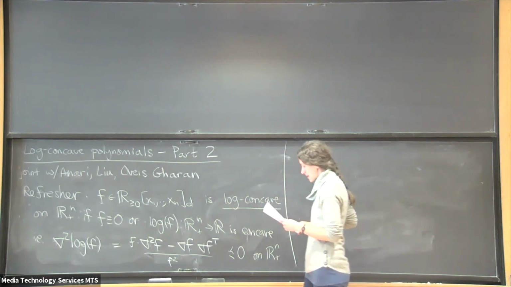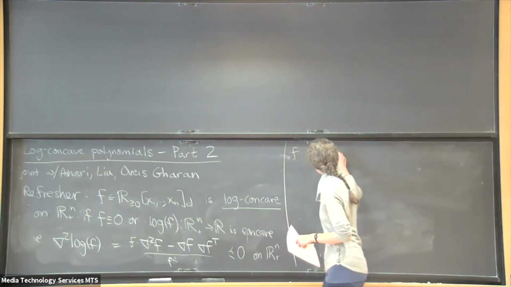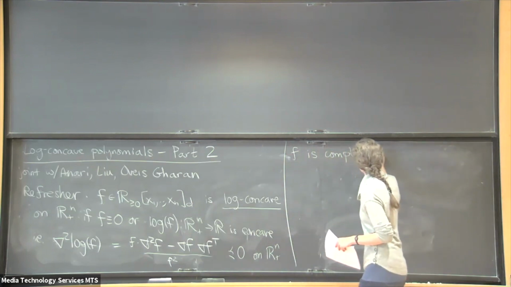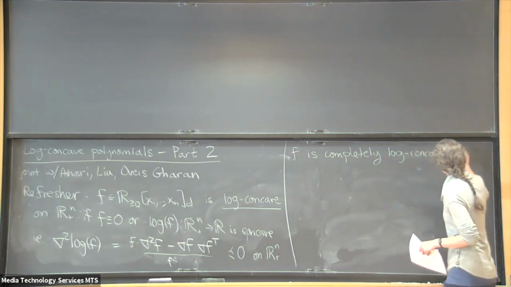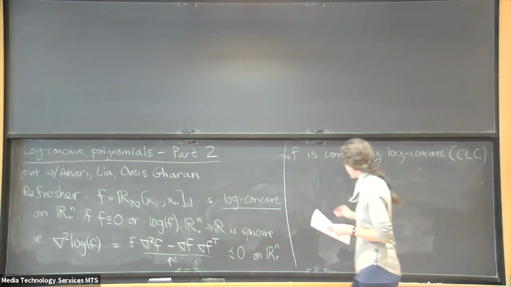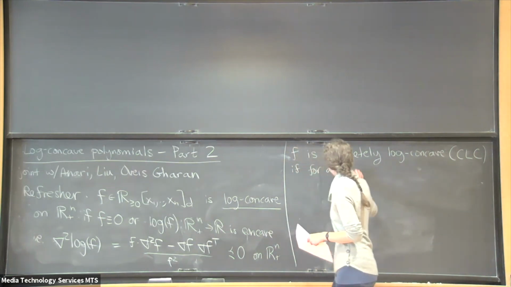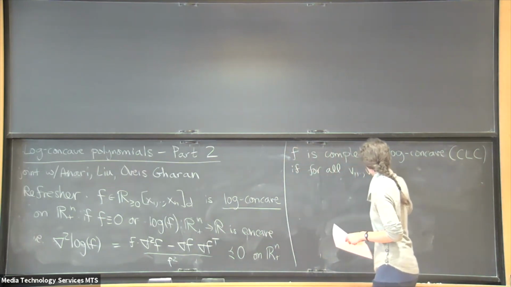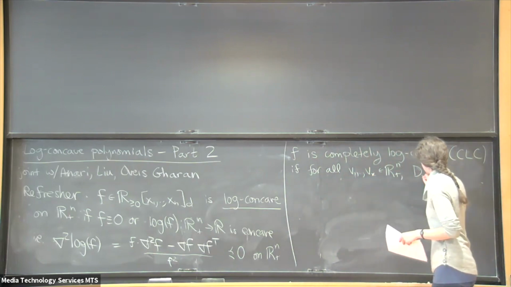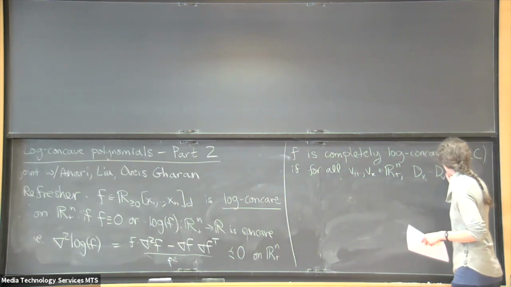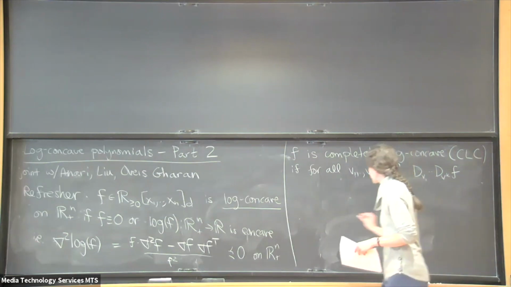And then we were interested in a slightly stronger condition. We say that f is completely log-concave, CLC, if whenever I take any directional derivatives in the positive orthant, this resulting polynomial is log-concave.